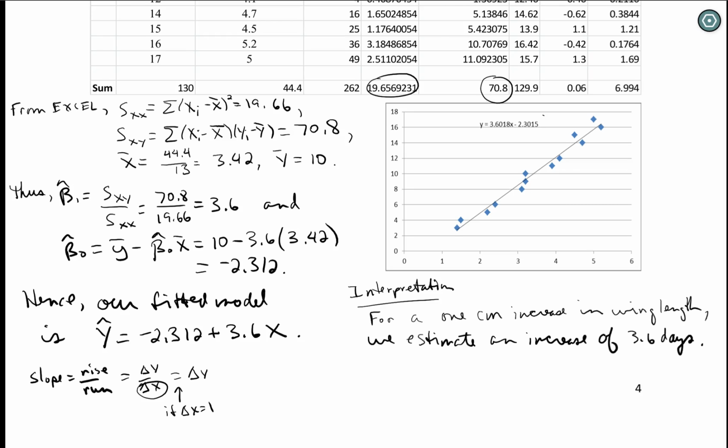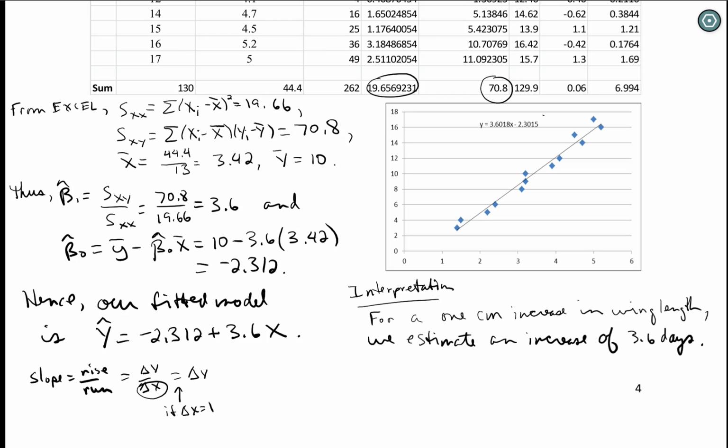So if we were a biologist and we saw 2 sparrows, and one had a wing length that was 1 centimeter longer than the other, then based on our model, we would estimate that the larger sparrow is approximately 3.6 days older than the younger sparrow.